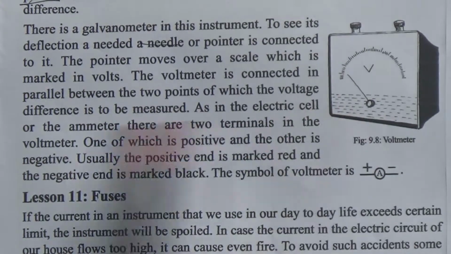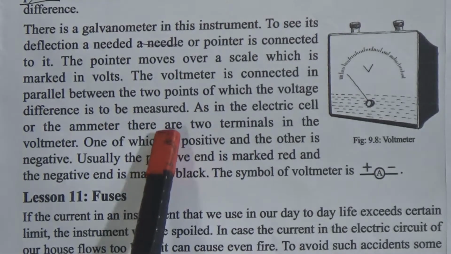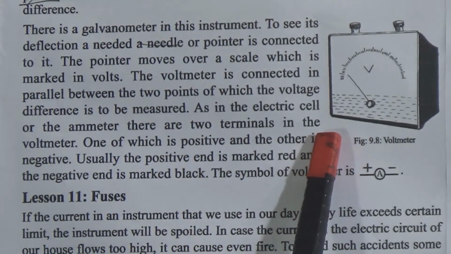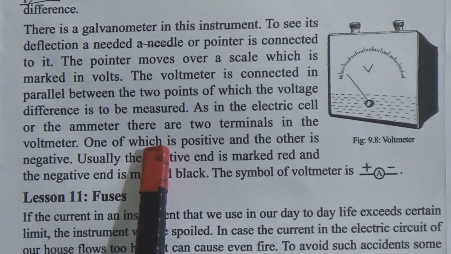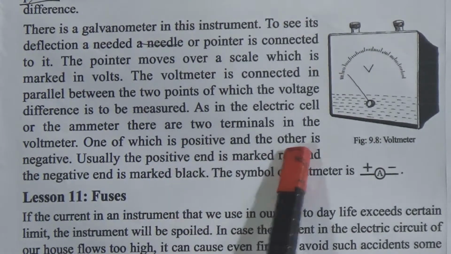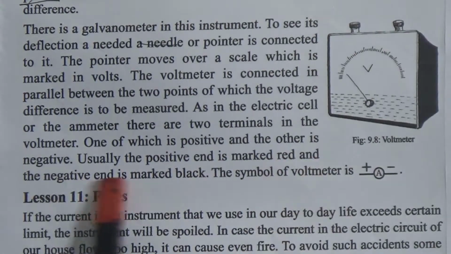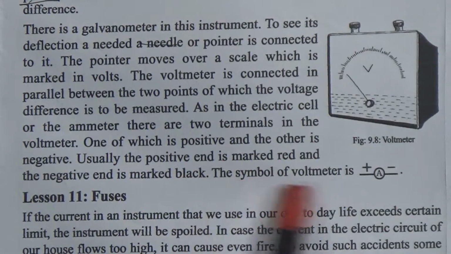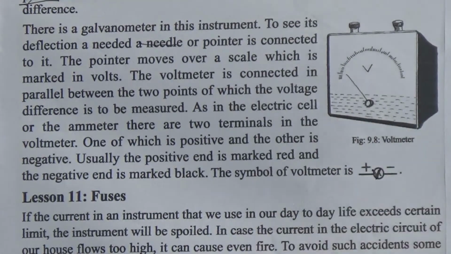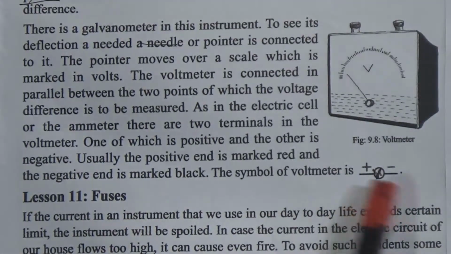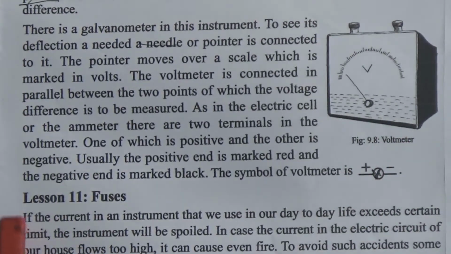As with the electric cell or the ammeter, there are two terminals in the voltmeter, one positive and the other negative. Usually the positive end is marked red and the negative end black, and the symbol of the voltmeter will be V. In your book there is a printing mistake; the symbol of the voltmeter is plus, V, minus. Now come to the fuses.